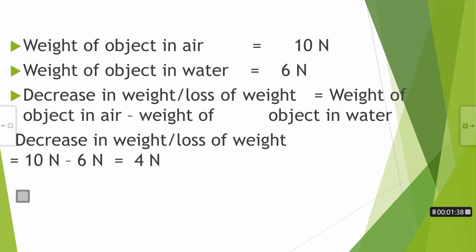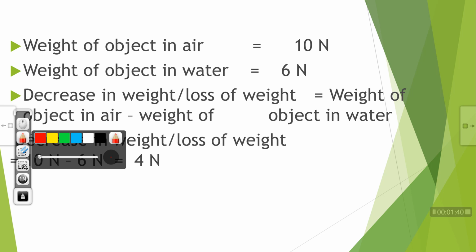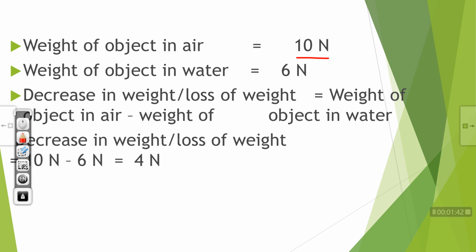So, the weight of the object in air is 10 Newton and the weight of the object in water is 6 Newton. Now, we can find out the decrease in weight. We know that the weight of the object is more in air and less in water.